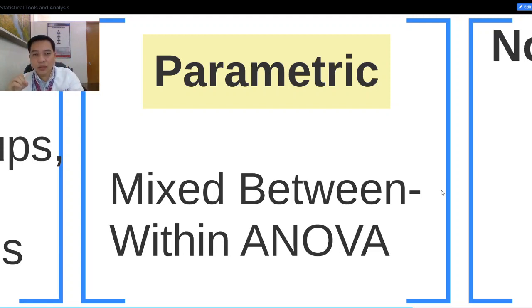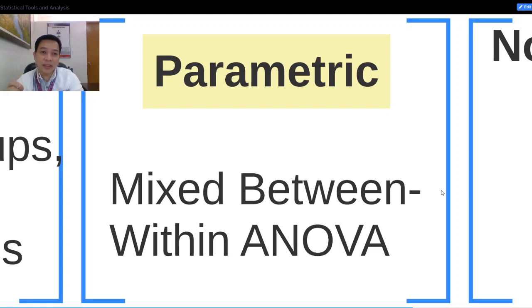This is what you call the mixed ANOVA or the mixed between-within ANOVA. If you recall the previous ANOVA that we have, or analysis of variance, there are two kinds. The one is the repeated measures ANOVA. Repeated measures means one test given several times, on one group.